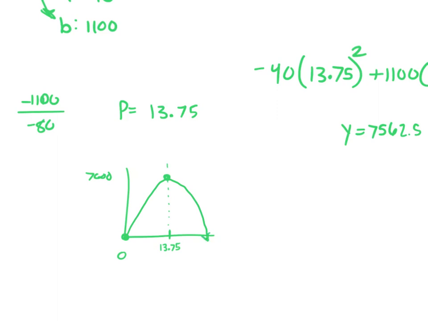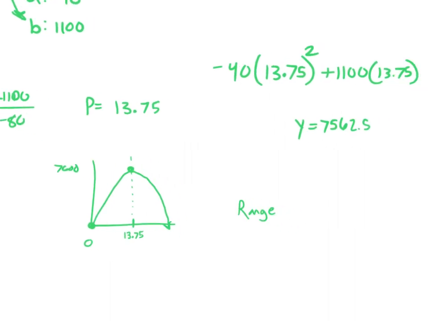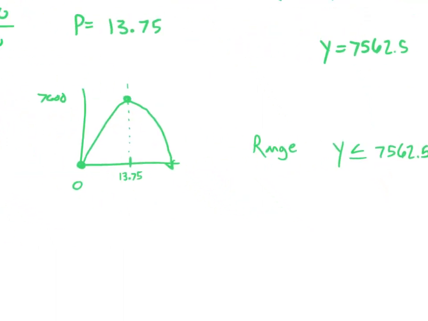So for this one, the range would be describing the amount of profit that they could make, and that's why range is important. The profit that this symphony is going to make is going to be somewhere less than $7,562.50. And if you think about it, that should make sense. They could make no money, or they could make any of these other values in between.